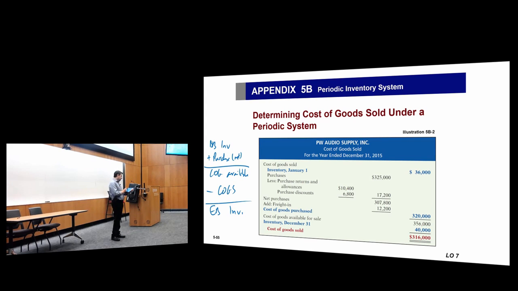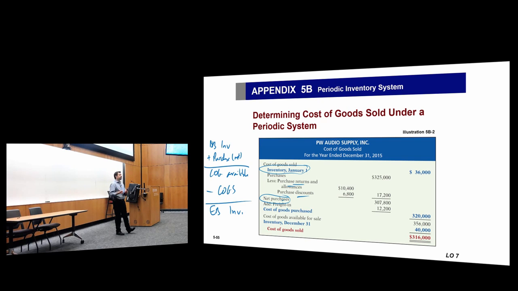So you start with inventory. You add purchases, less returns and allowances and discounts. That will give you net purchases. Now, under the periodic system, you call it freight in. So you will call each one by its name. With freight in, like with the perpetual system, when the buyer paid for shipping, it was added to the cost of inventory, right?